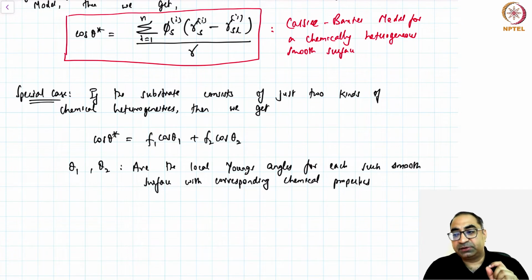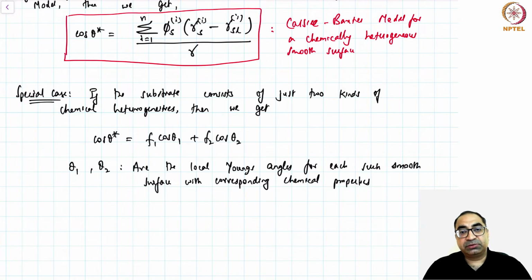So f1 and f2 are basically a shorthand notation for phi_s1 and phi_s2. These f1 and f2 are the corresponding regions of surfaces with different chemical properties.